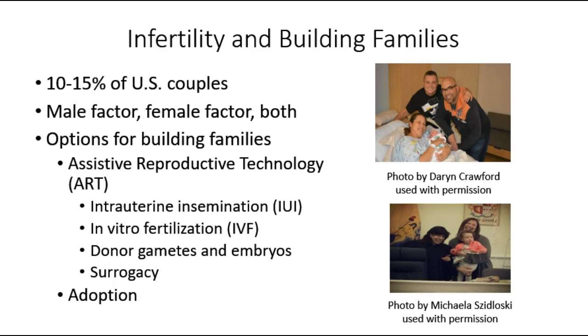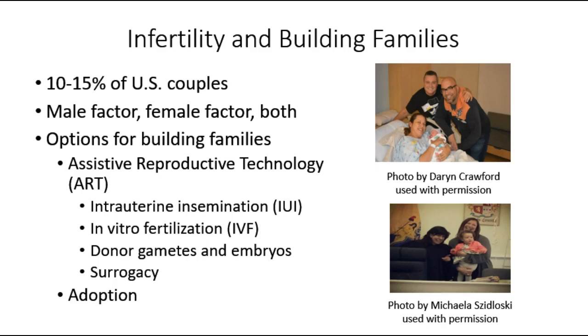Sometimes you need gametes, so sperm or eggs from someone that's not the intended parent, so that's donor gametes. There's also donor embryos, so these are embryos that have already been created in ART for another couple or another person, and those could be donated to someone else to develop a pregnancy.